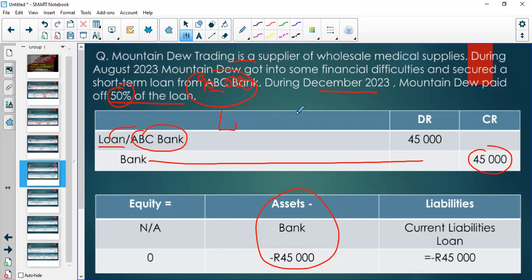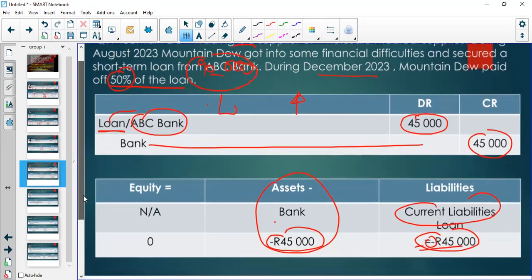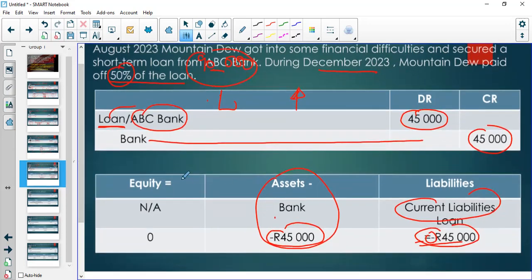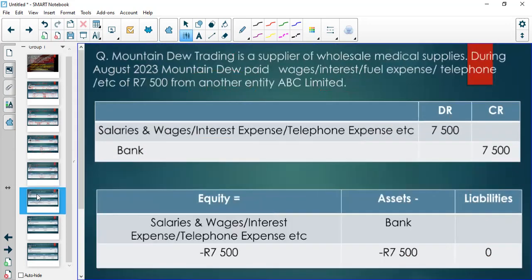Remember, liabilities increase on the credit side. But now this loan is not increasing, it's decreasing. So it's going to decrease on the debit side. So loan current liabilities is going to decrease with a minus 45,000. And our assets are also decreasing with a minus. And that's going to balance out if you want to check.